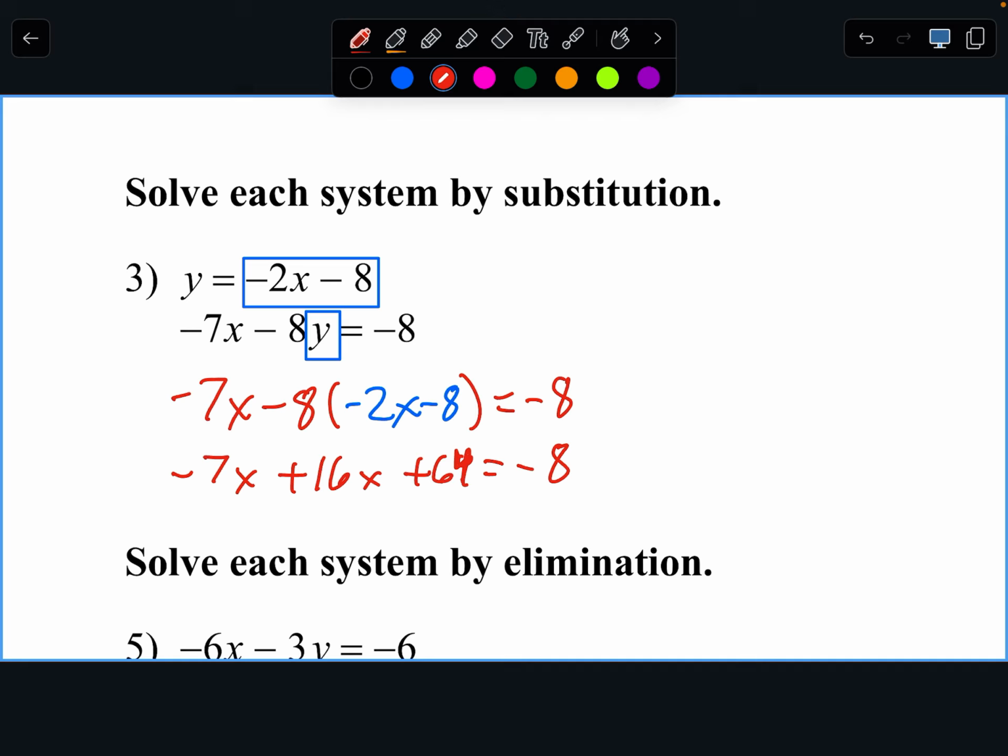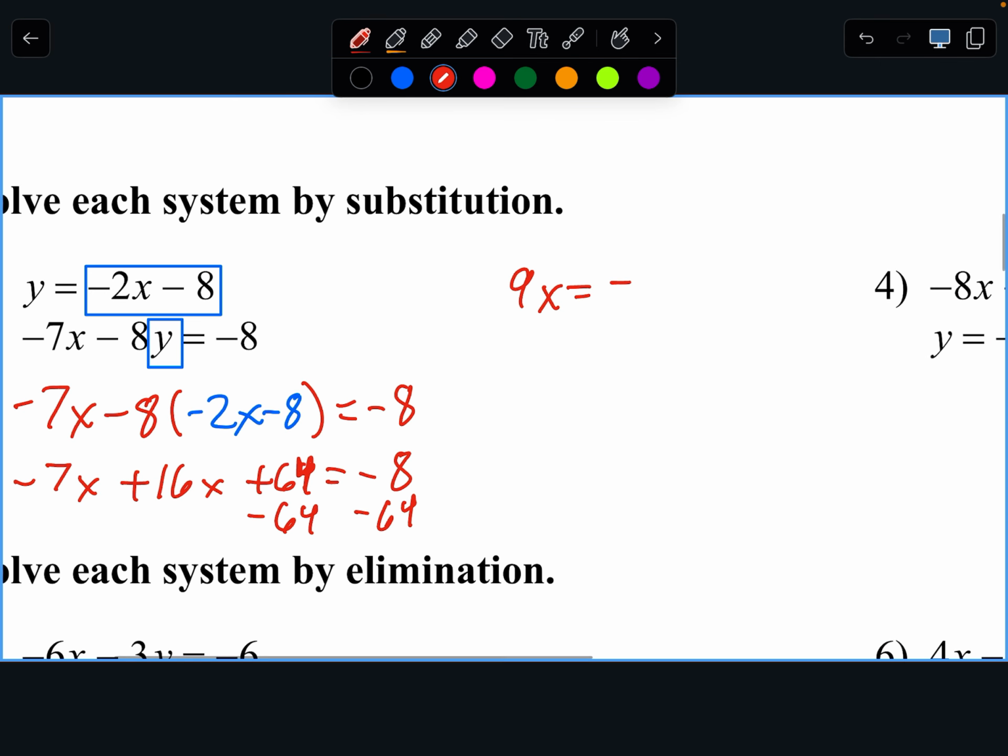So when we subtract 64 from both sides, we end up with 9x equals negative 72. We divide by 9. We get x equals negative 8. Are we done here? Absolutely not. We need to still find our y value.